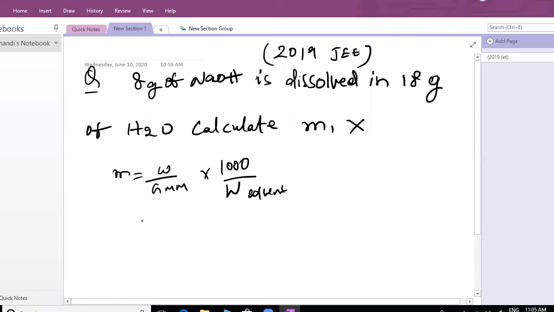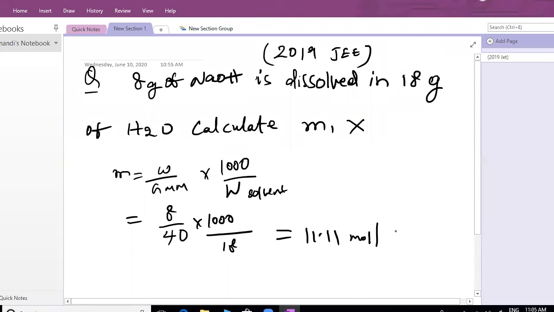Clear? So here, 8 by 40 into 1000 by 18 grams of solvent. Is it correct? So this is 11.1111 mole per kg.